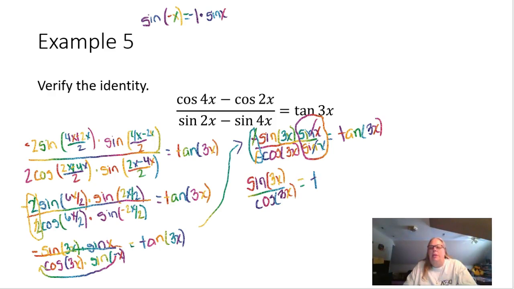And we want that to be equal to the tangent of 3x. Well, now I want to use my quotient identity because I know that the sine divided by the cosine is the tangent. And then the argument, which would be the angle right here in parentheses, is going to be 3x. And we wanted that to be equal to the tangent of 3x. And so we have just proven our identity.